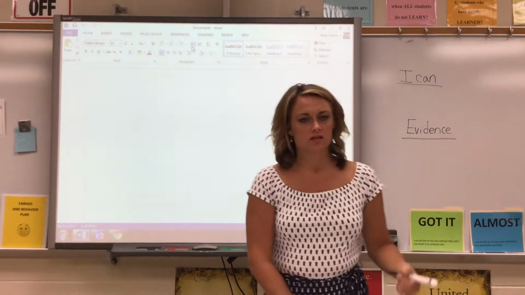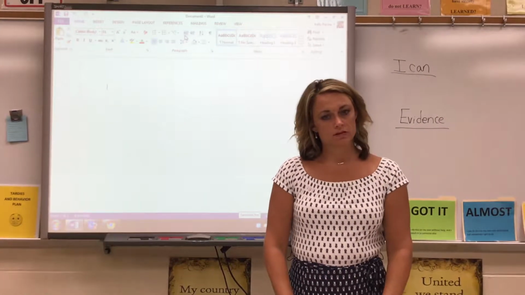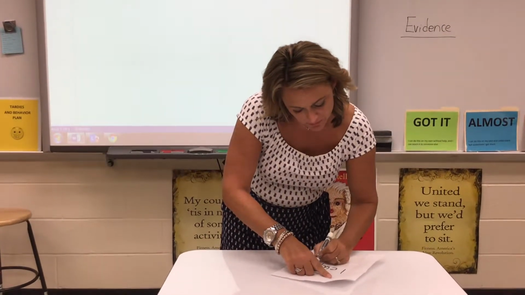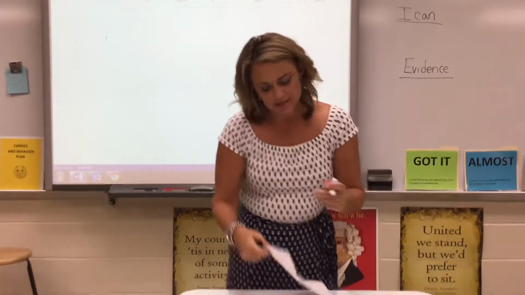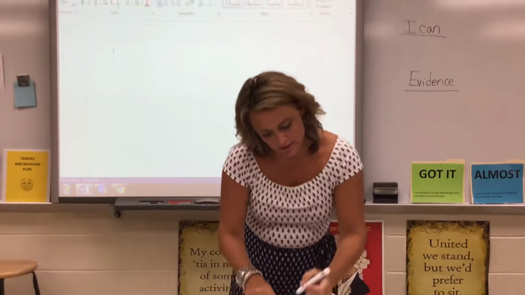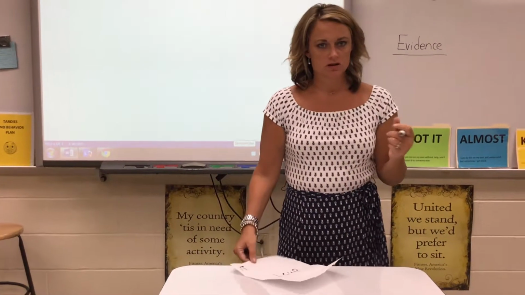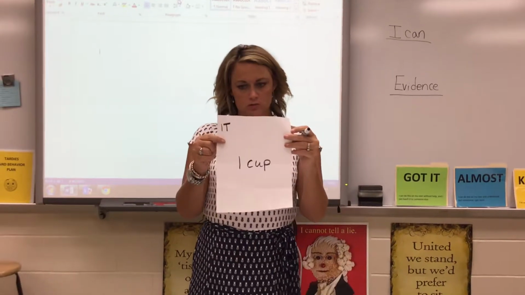So this particular little folding activity is going to represent 1 cup, okay? So in the center, I'm gonna write 1 cup. So this stands for 1 cup. Then in each little box, I'm gonna write 1 and a capital T. If you remember from yesterday's lesson, a capital T is an abbreviation for tablespoon.